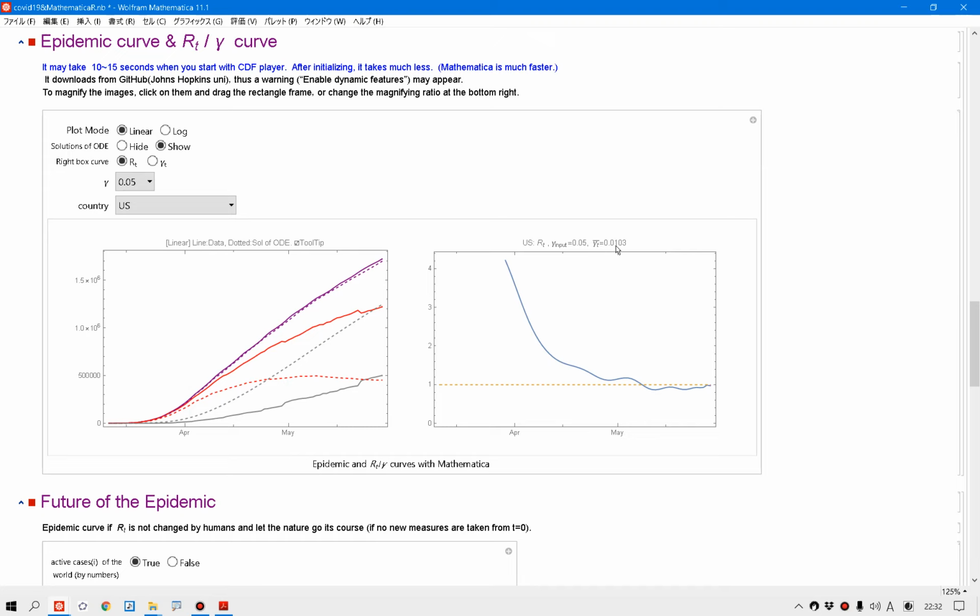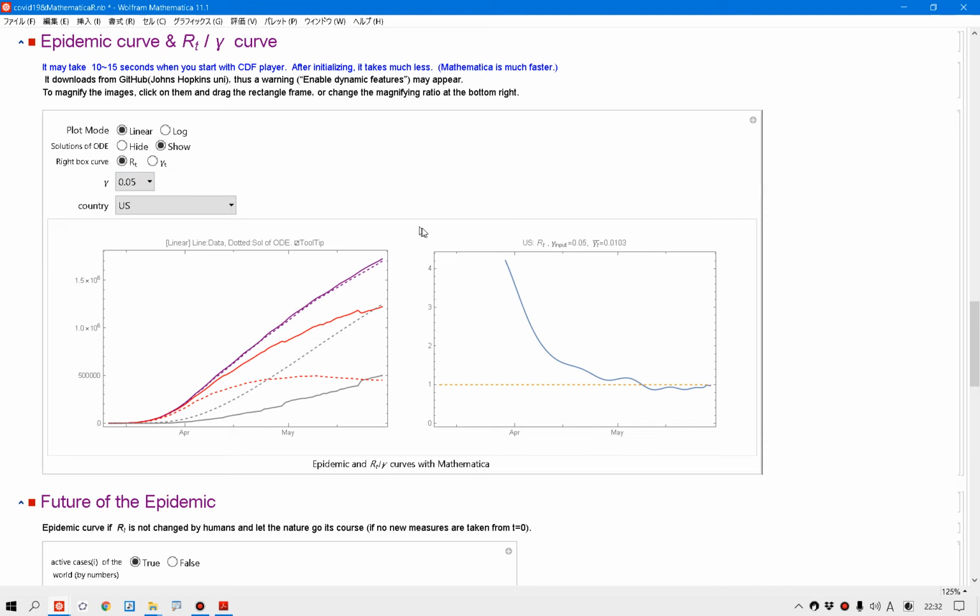Gamma t average is only 0.01, which means that it takes 100 days to recover. I think it's very, very little. So I would like to assume that the real gamma is 0.05.